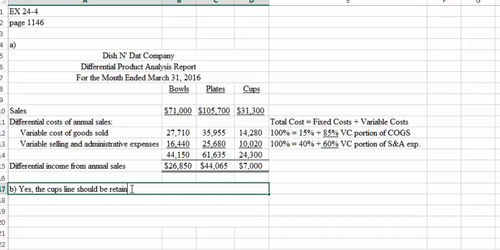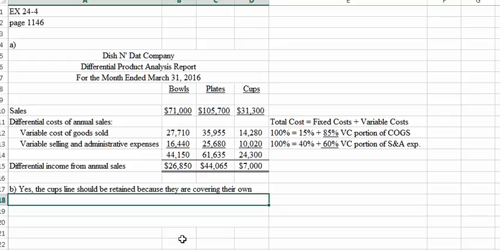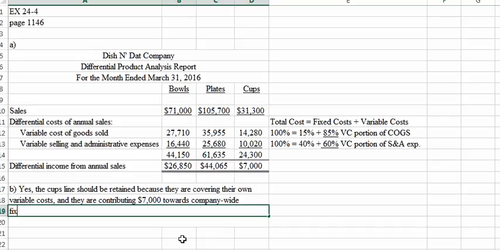And retained just means kept, of course, because they are covering their own variable costs, and they are contributing $7,000 towards company-wide fixed costs.